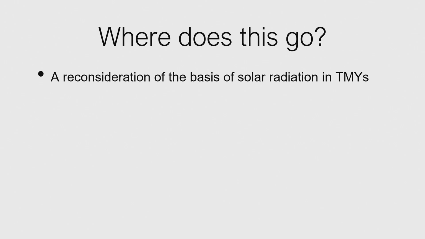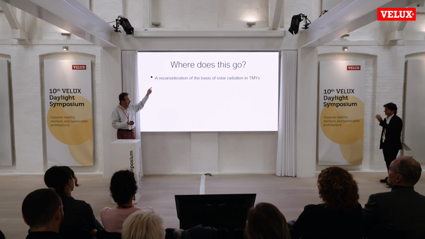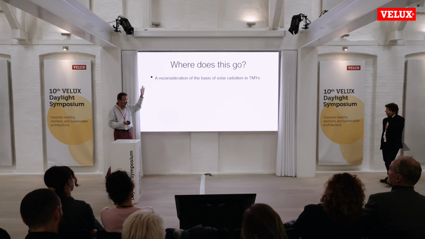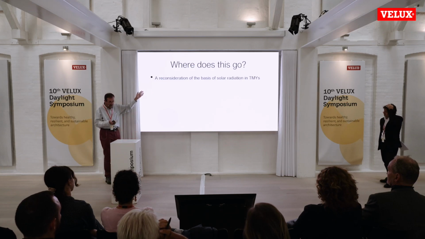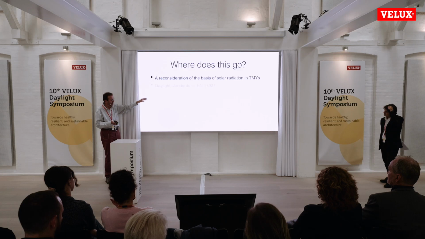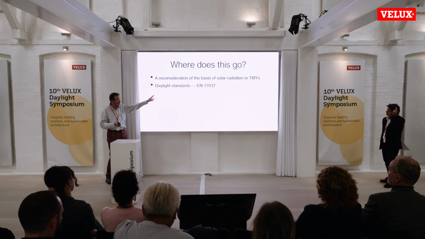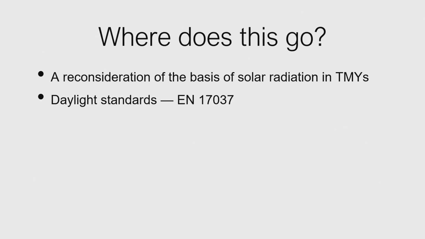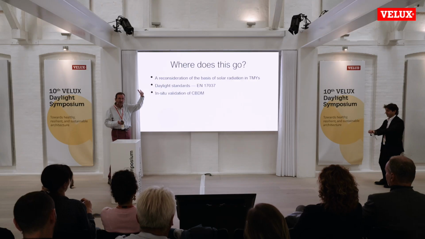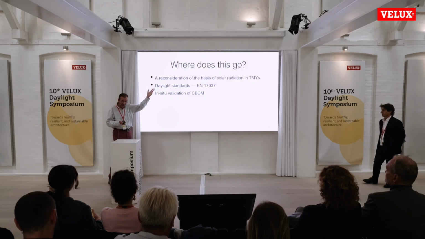That's already happened, and it's already fed into the creation of the new SIBC lot. They've certainly focused more on Copernicus, even though other things are still pretty traditional. Daylight standards, well, there is discussion about actually having tables based on CAMS data, possibly 10 years. In situ validation, we now have a fantastic daylight resource there.